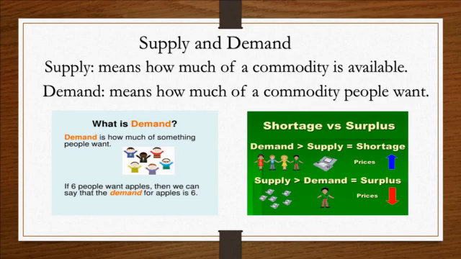On the right hand side, we have another picture that is green in color. We have the columns for shortage versus surplus. We shall start with the first one: demand is greater than supply. When the demand is greater than the supply, there is a shortage of that commodity.